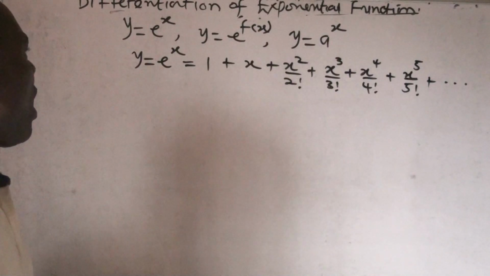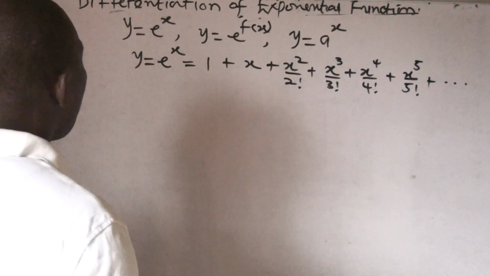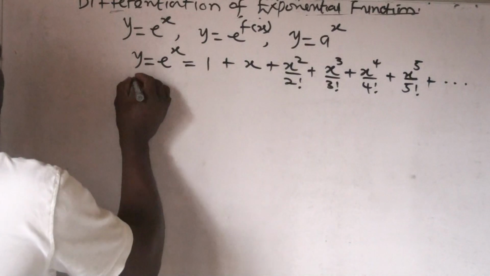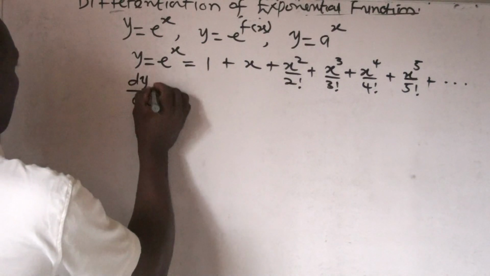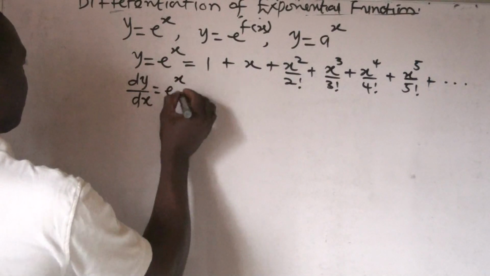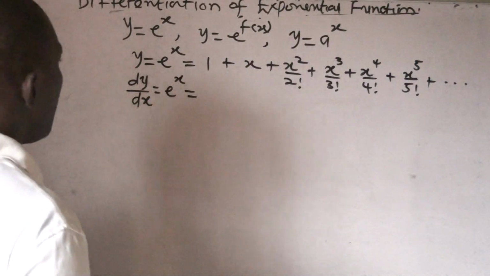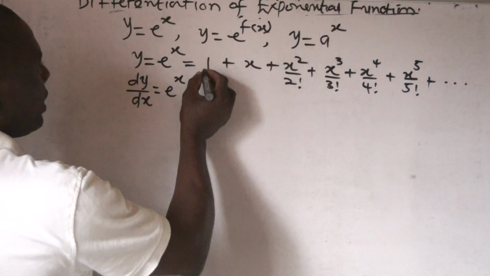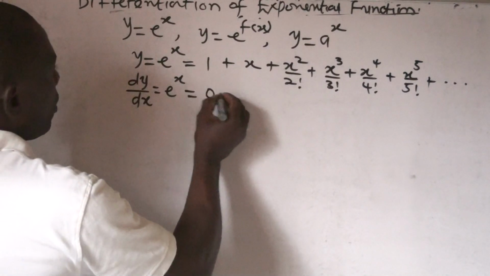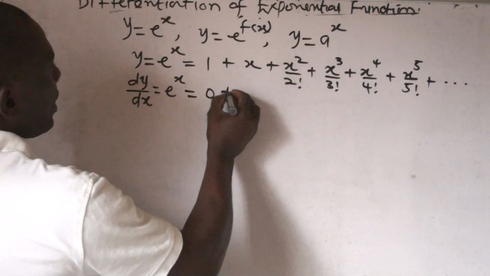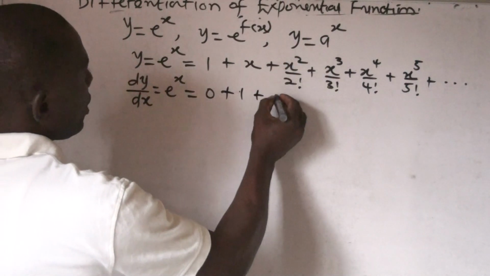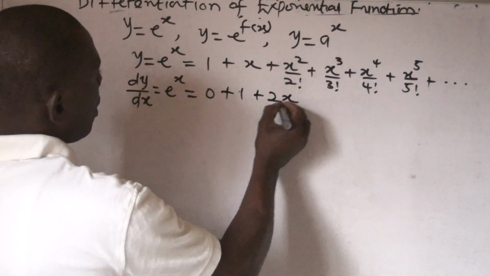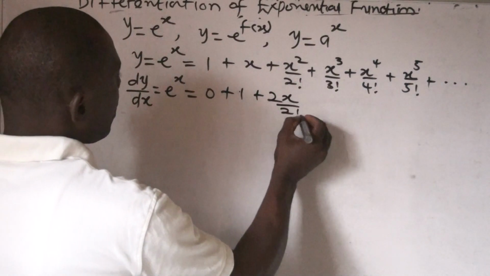Now we want to find the first derivative, which is dy/dx of e raised to power x. If we differentiate this, the constant will give us 0. If we differentiate x, it will give us 1. If we differentiate x squared over 2 factorial, it will give us 2x over 2 factorial.